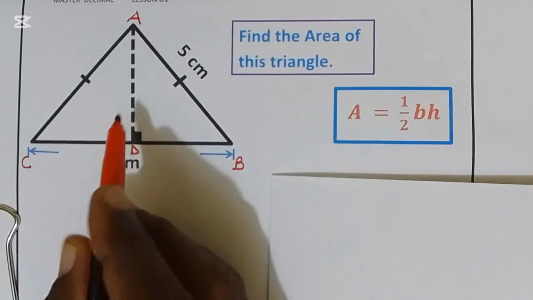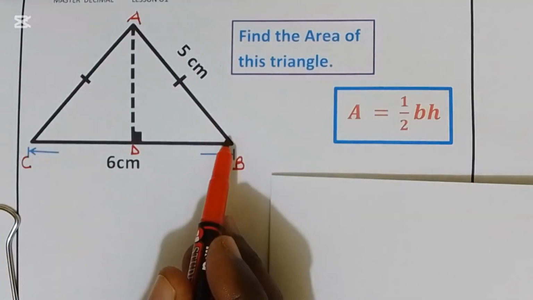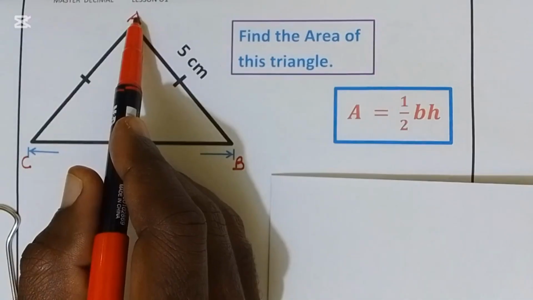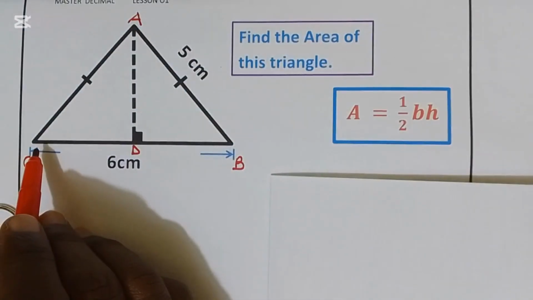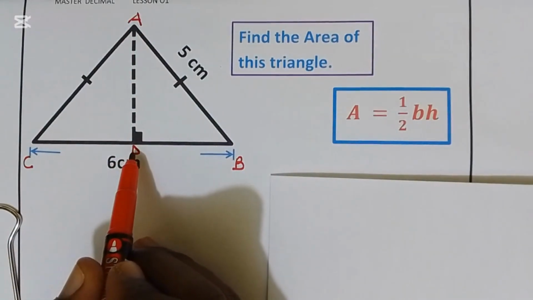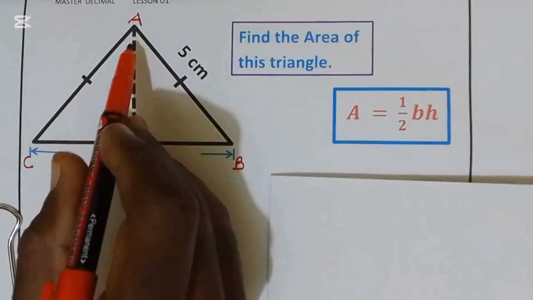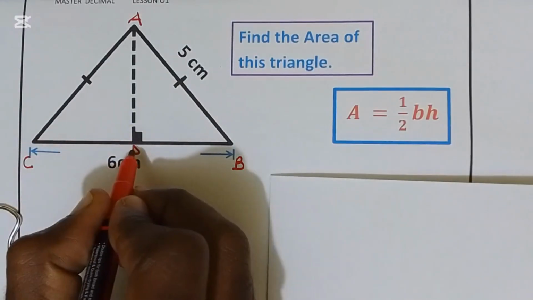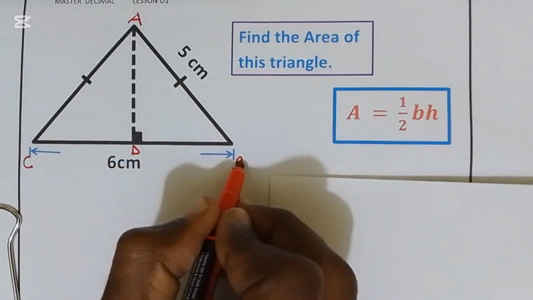Also, this is an isosceles triangle, meaning distance AB is equal to distance AC. This means that AD partitions the triangle at the middle, so distance CD is the same as distance DB.